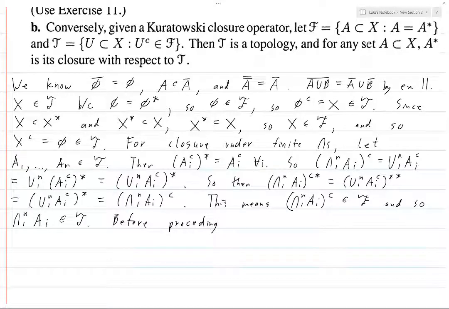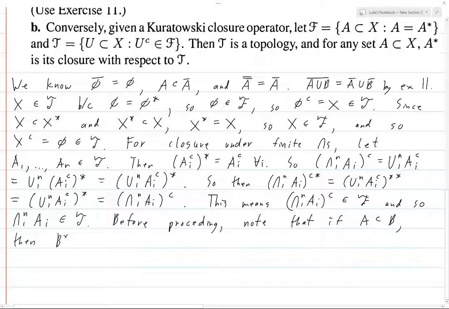So note that basically what we need to confirm is that Kuratowski closure operators preserve inclusion. So if A is contained in B, then A star should be contained in B star.